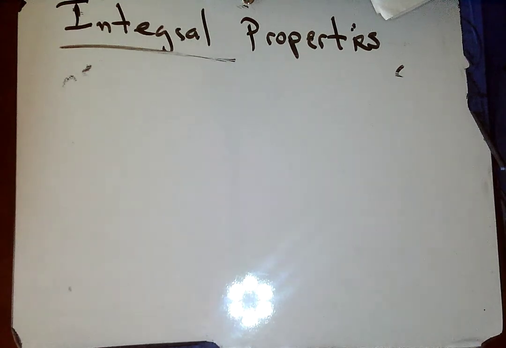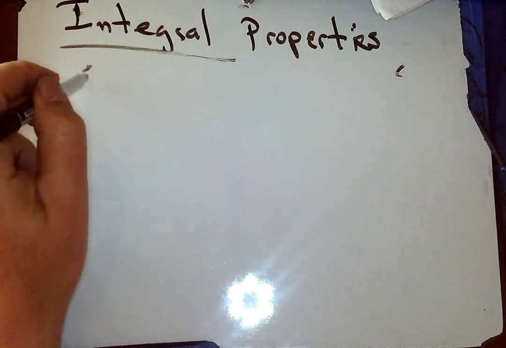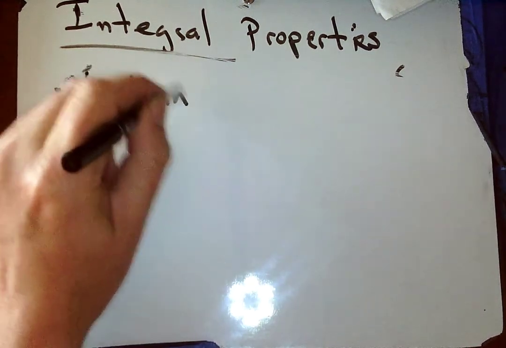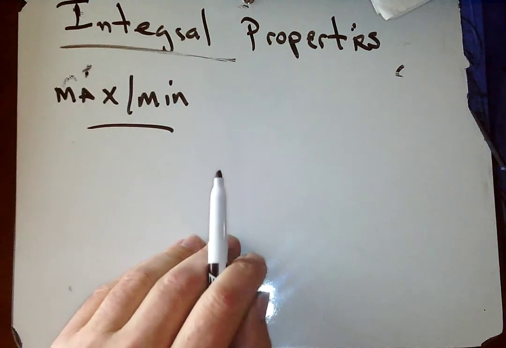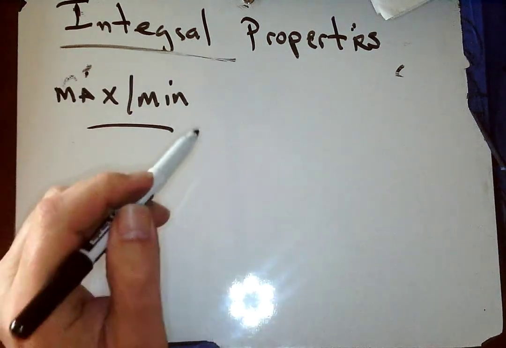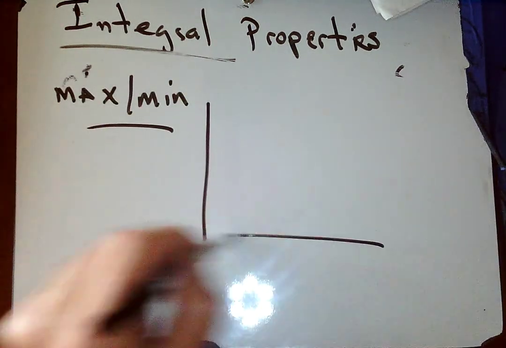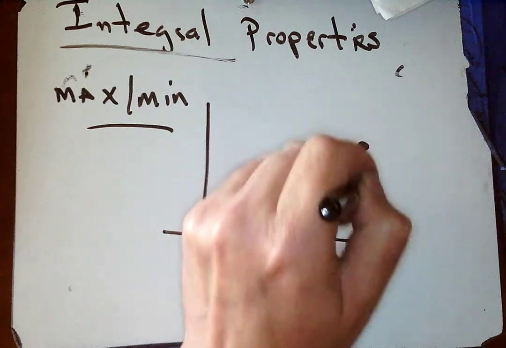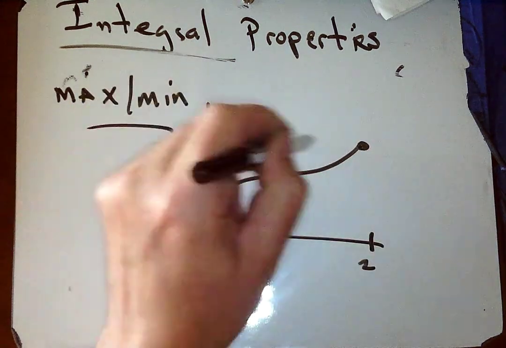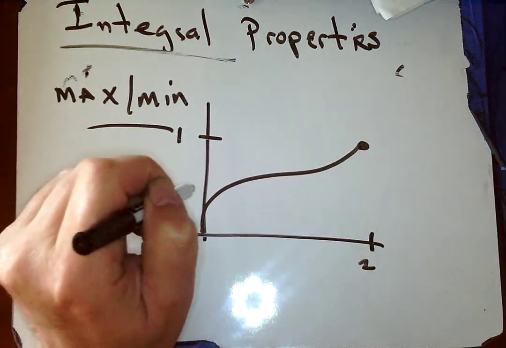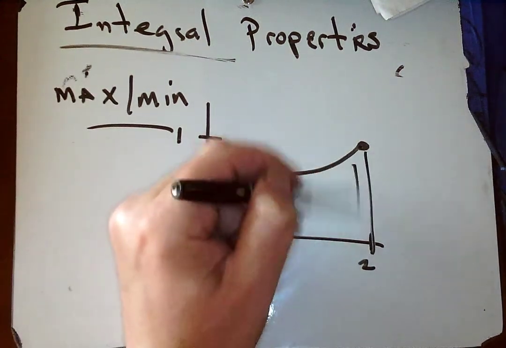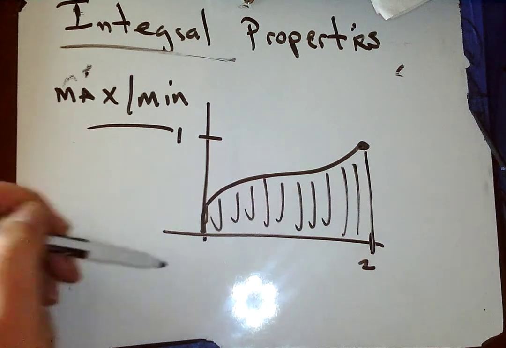Now, there are 2 more, and this one is called max-min. And max-min, it's kind of like a RAM. What we're saying is we've got some sort of function here. And this is 2, and this is 1. And what we're going to say with max-min is about the area under this curve.